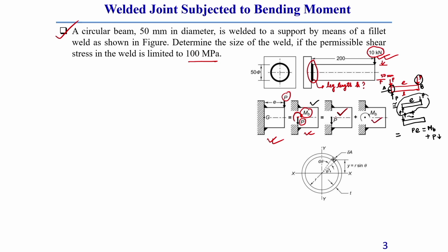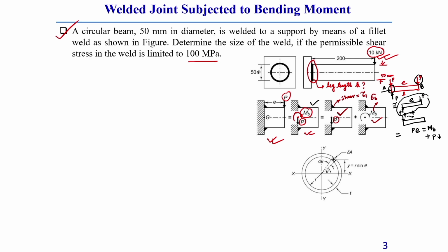Now, this direct force will create a direct shear force, whereas this bending moment will create bending stress. So this direct force will create a shear stress, represented as tau 1, and this bending moment will create a bending stress sigma b.